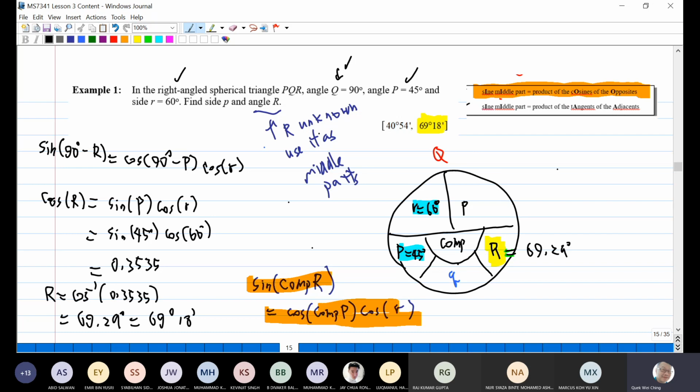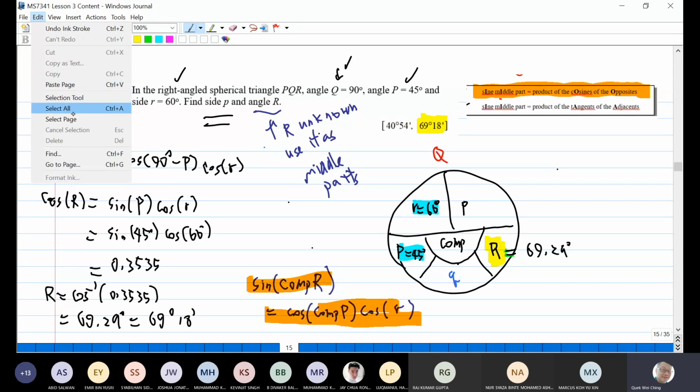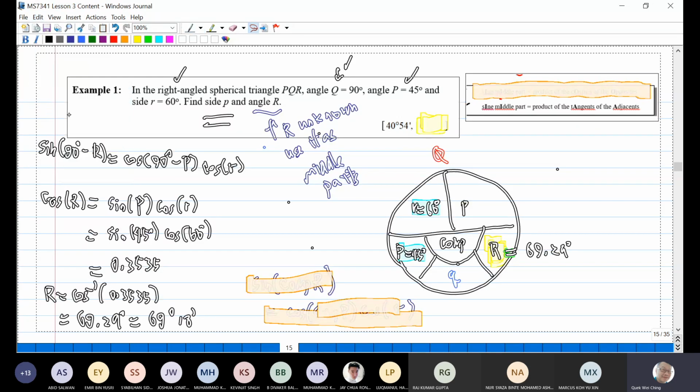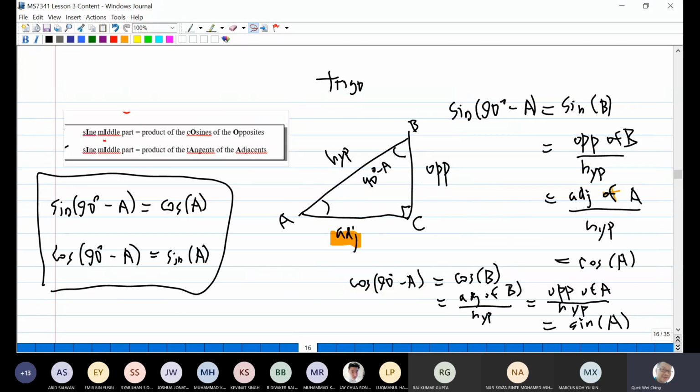Okay, lastly, I want to find out what now is side P. Side P again. So I try to make this as my middle part now. Side P as a middle part here. So let me copy this again and go to the next page here.